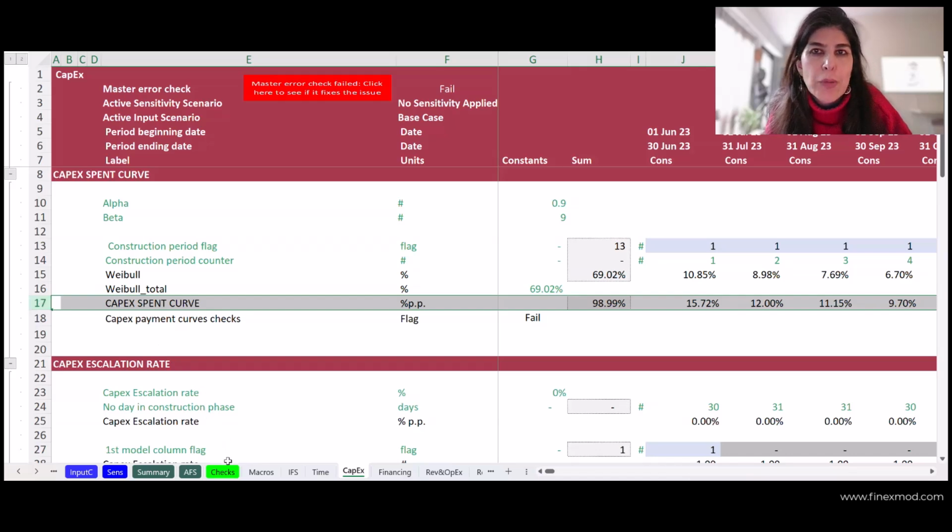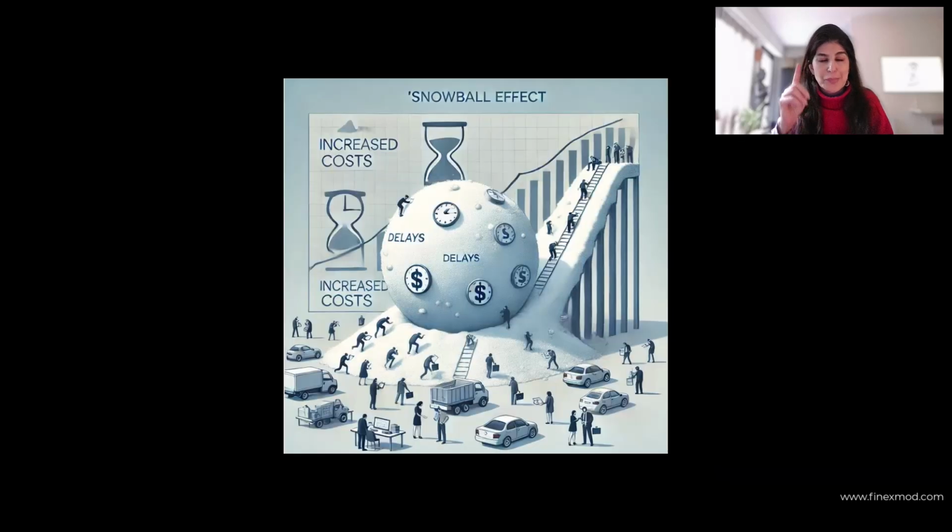And let's say that nobody catches this error. So we go to construction. Remember, once you identify the CapEx, your facilities are sized, your debt and equity are sized based on this CapEx that you have defined, right? So you're basically underestimating your CapEx, and you are underestimating the amount of financing that you need.